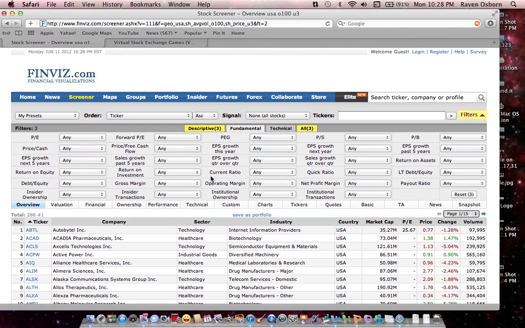And then it gives you a price. Right now it's about 12,400. So that's what Dow Jones is. NASDAQ is the same thing, only it refers to smaller companies. S&P 500 refers to some of the top 500 companies.